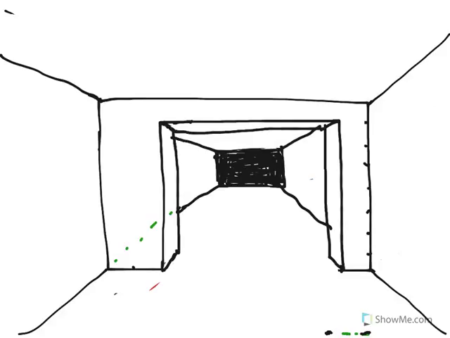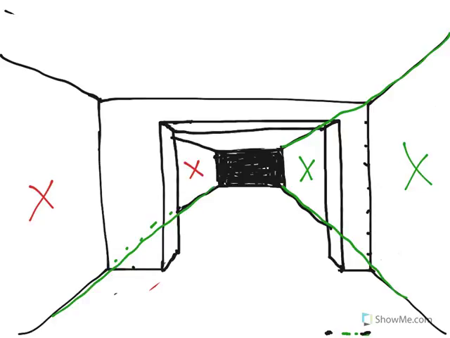Once again, this wall is this wall, this wall is this wall. This line should feed into this line, this should feed into this line, and this should feed into this line, and all of these lines should be orthogonals.